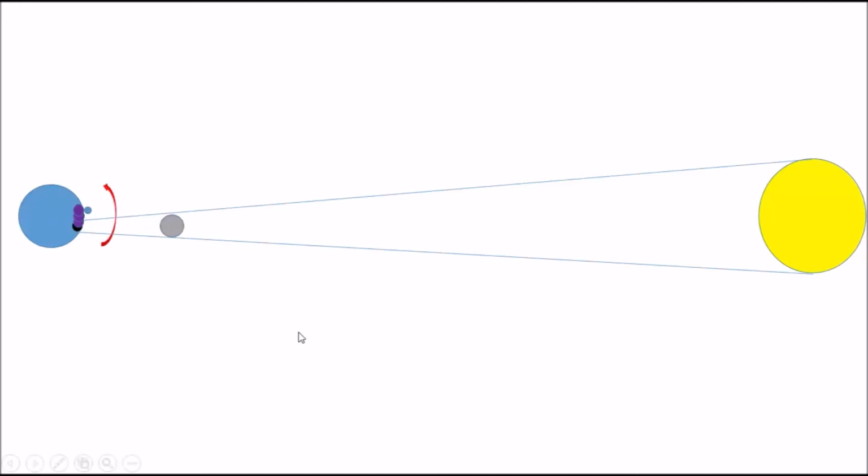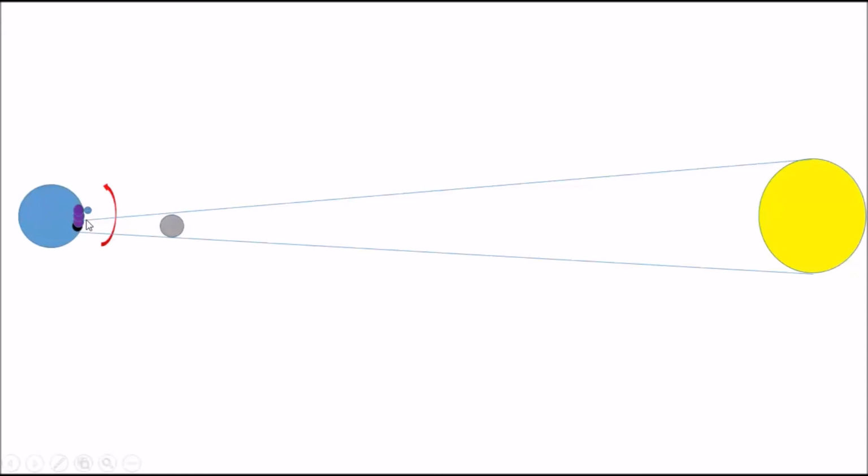And this is what we would expect if the moon was absolutely stationary in space, but obviously the Earth's rotation was causing the moon to move across the sky.